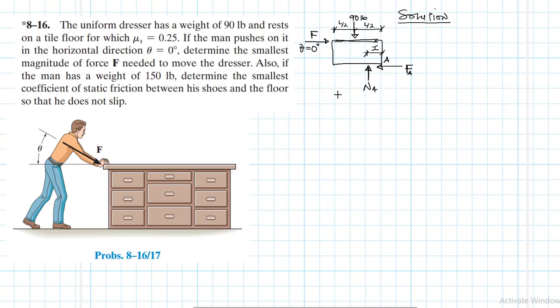With a case like this one, we are being asked to determine the smallest magnitude of F, and we have more unknowns than the available equations of equilibrium. We are also being asked to determine the smallest magnitude of force needed to move the dresser. So we need to find the force F that will move the dresser, at the very edge.